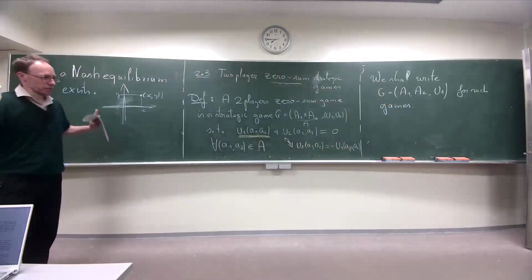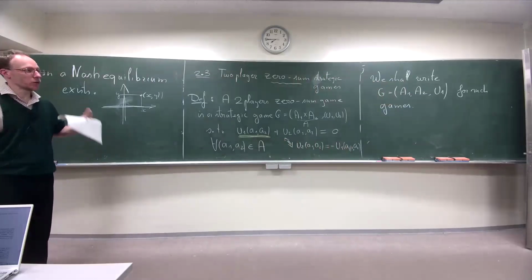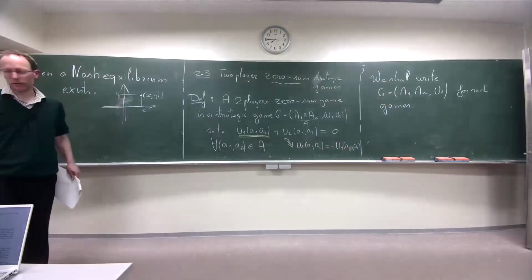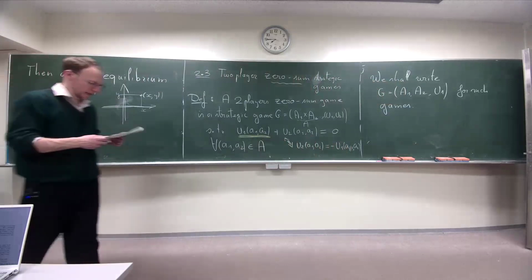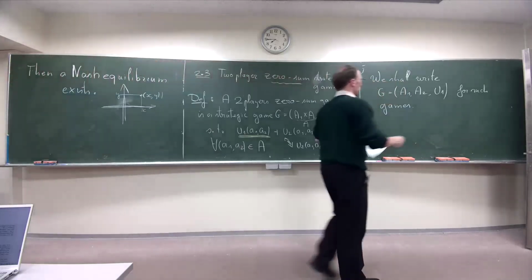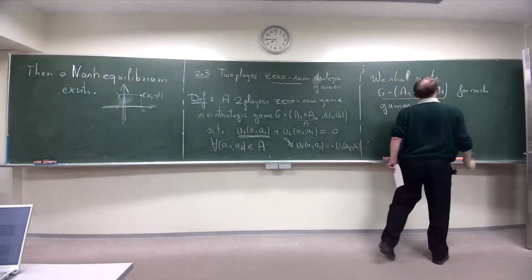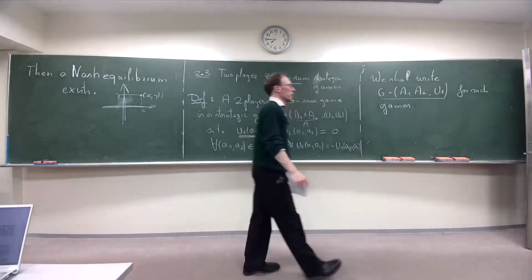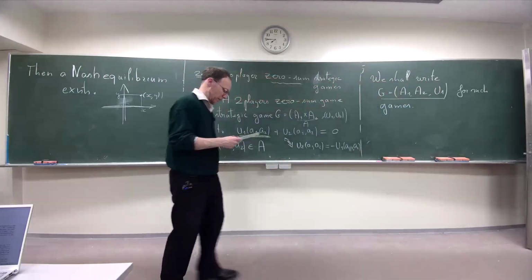A1 and A2 can be different, but if I have U1, automatically I have U2 because it's negative. Okay, so for a zero-sum two-player strategic game, I will just write this.